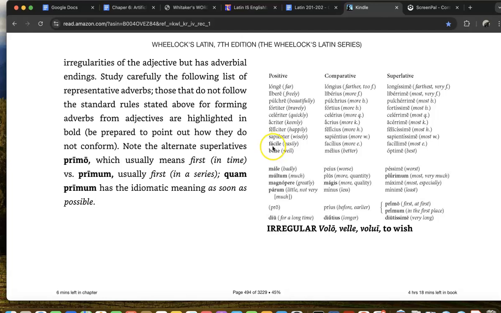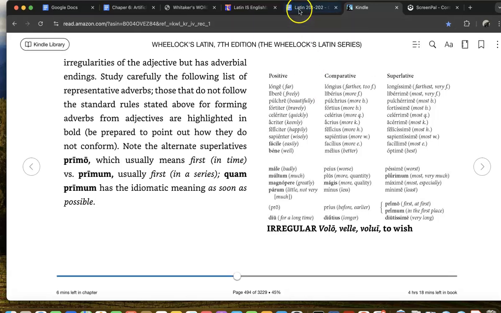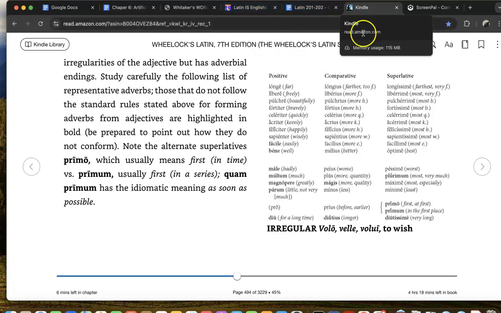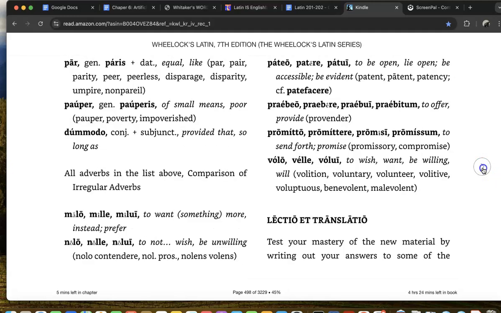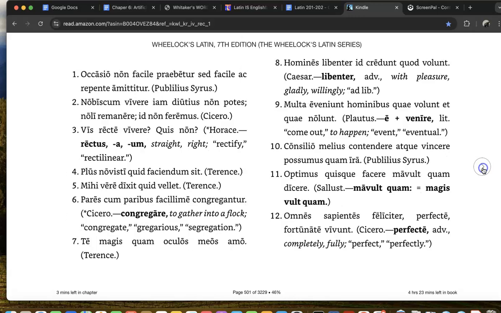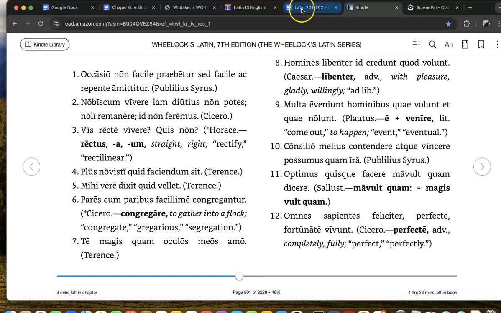Here are some irregular ones. In fact, this is one of our words in this particular example. You can see it means easily. So let's just go with that. So we go back to the example here. But it is easily and quickly lost.